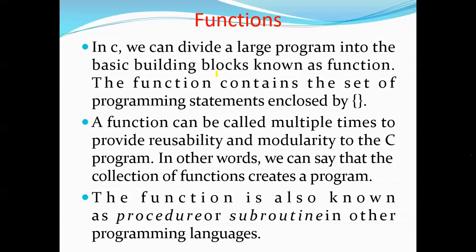C programming is called functional oriented programming, but C++ is called object oriented programming. The basic difference between C and C++ is that C++ is object oriented, and C is functional oriented. A minimum of one function has to be there in C. That is main. Main is one function. It is function based.